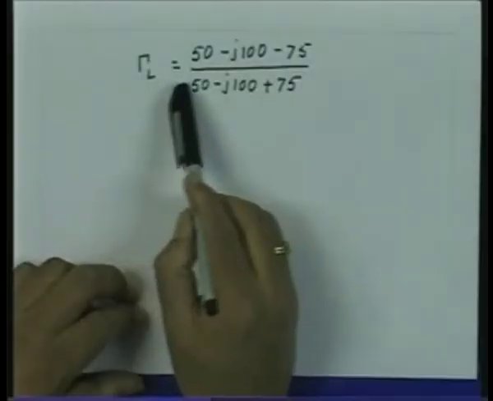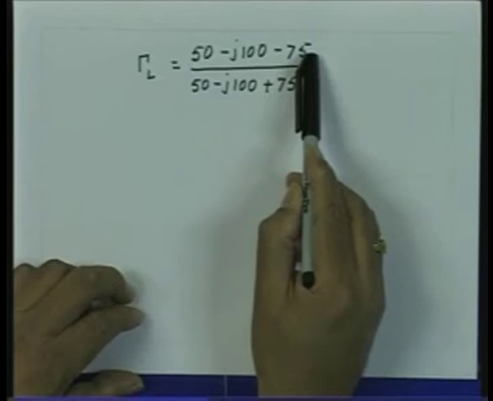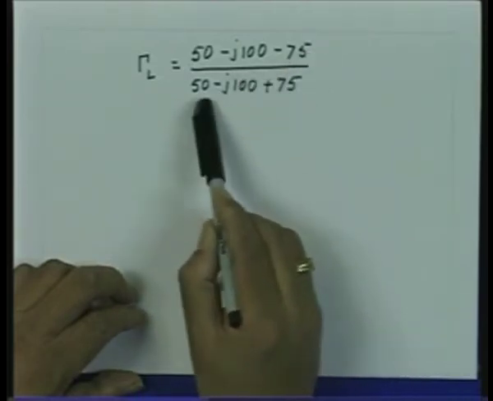The first step in all this calculation is the calculation of the reflection coefficient. I know the load impedance and the characteristic impedance, so I can write the reflection coefficient at the load point, gamma L, as ZL minus Z0 divided by ZL plus Z0.